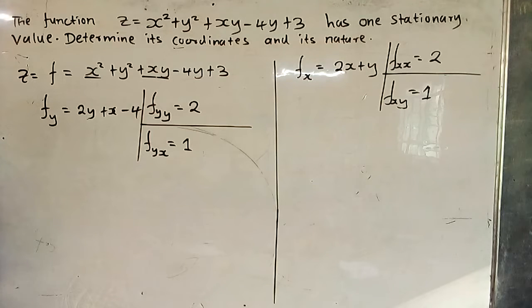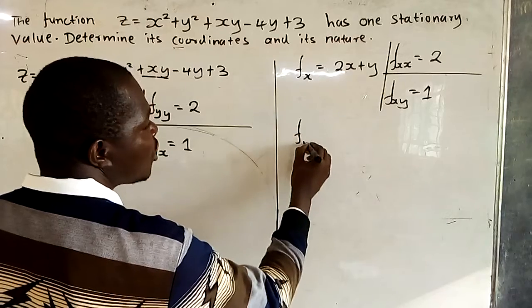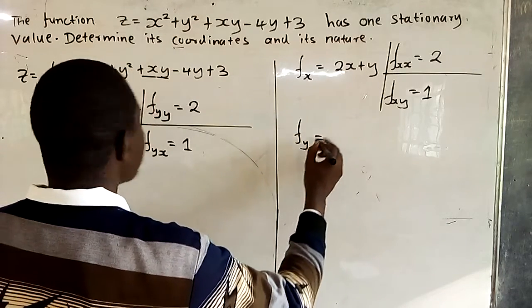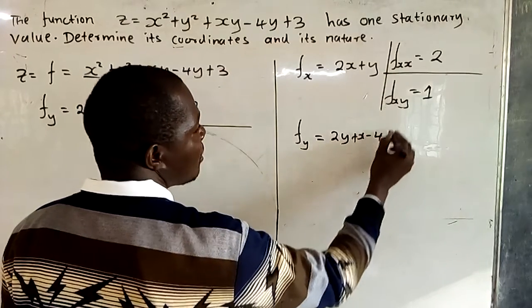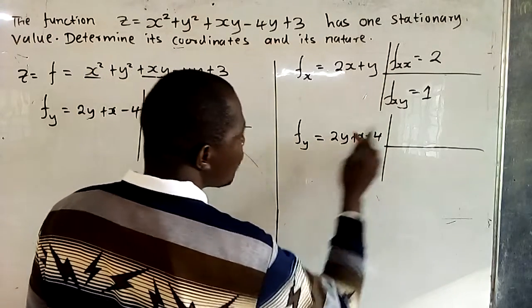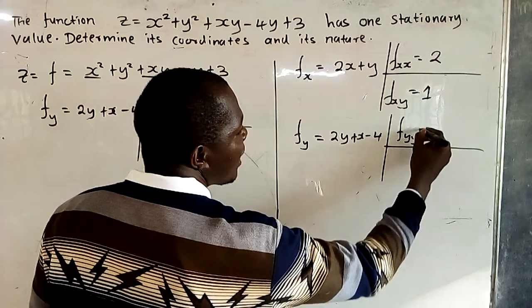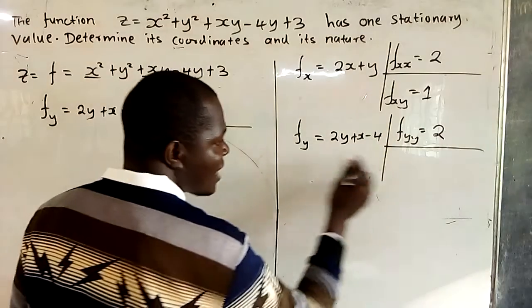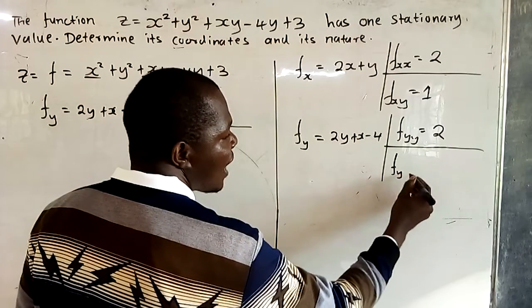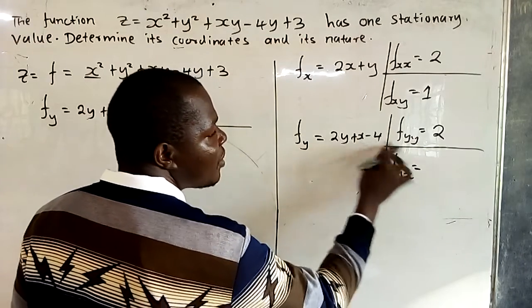Are we together? So in the end, we found that if you differentiate this function partially with respect to y, you had 2y plus x minus 4. Then if you do it for the second time again with respect to y, we found 2, isn't it? Then the first time we did it partially with respect to y, second time we've done it now partially with respect to x.